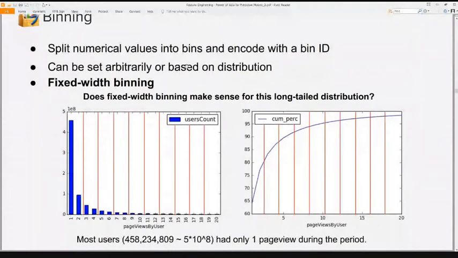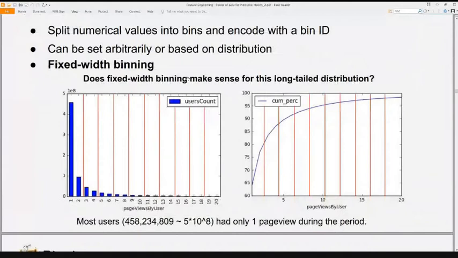So when we have binning, we're just splitting numerical values into bins and encoding with the bin ID. Can be set arbitrarily or based on distribution.